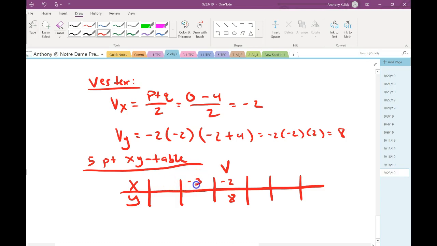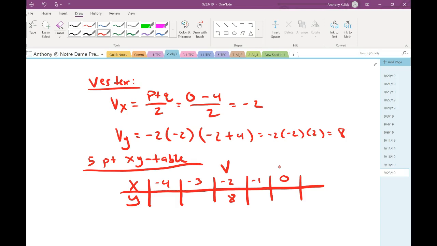It seems like it would make most sense to do -4 and -3 on the left side, and -1 and 0 on the right side. So my 5 x-coordinates are -4, -3, -2, -1, and 0. They just go right in a line like that, nice and easy. Everybody okay with how I chose those x's? Just try to pick them conveniently, whatever seems to be the most convenient.